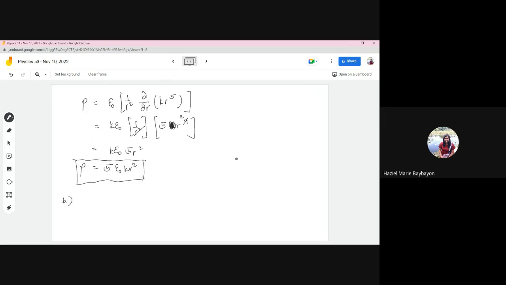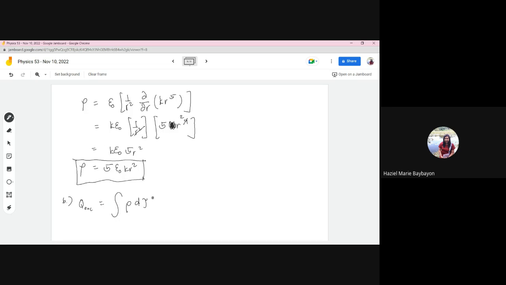And for spherical coordinates, we can get the total charge, or the enclosed charge, to be equal to the integral of rho times d tau. Okay? So we are given the rho that we obtained.